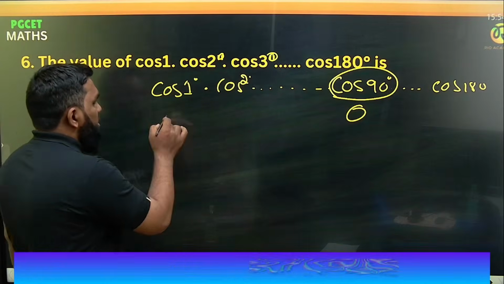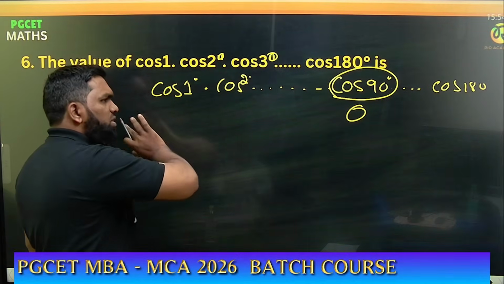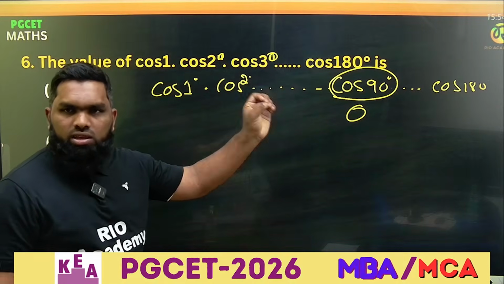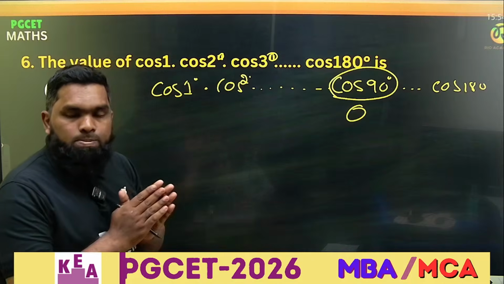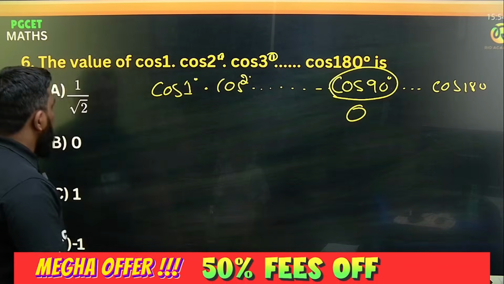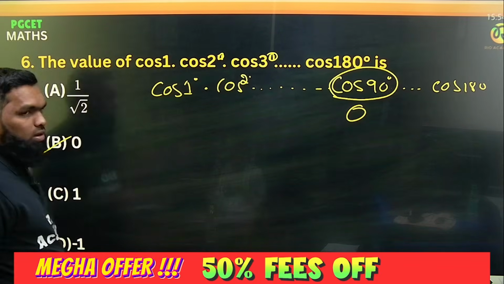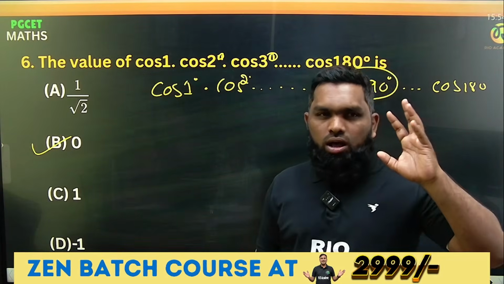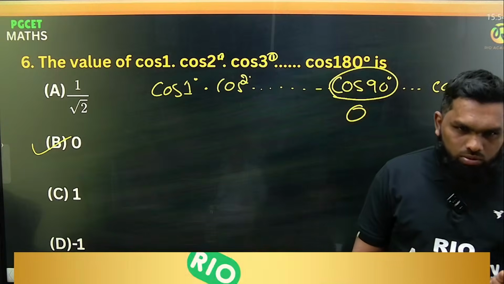So whatever value is there in the cos terms, when it is multiplied with 0, the answer will be 0. The option will be 0. You can choose the answer here.